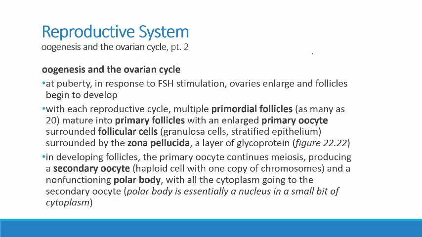But shortly after birth, estrogen production ends and does not pick up again until puberty. So at puberty, in response to the production of follicle-stimulating hormone, the ovaries become larger, and the follicles will start to develop. When we're talking about reproductive cycles here, we're talking about each monthly menstrual cycle.